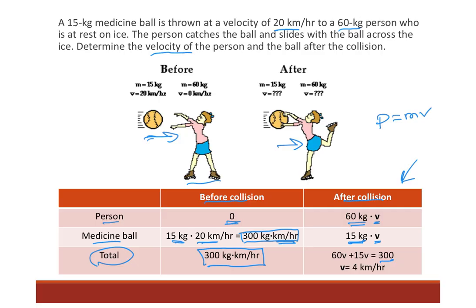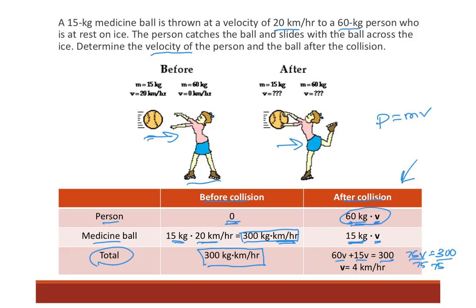I'm getting confused with so many kilograms. Because this is a multiplication, it's times velocity, you can get rid of that times sign, and you're going to have 60v plus 15v, giving you 75v equals 300. So we're just doing algebra here, and you'll be dividing both sides by 75.